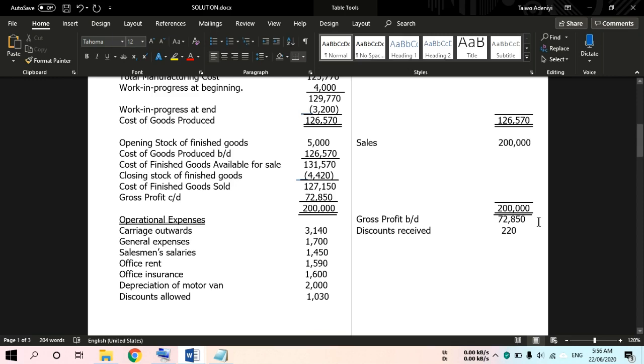So let's get the total here. Total income, 72,850 plus 220. That will give us 73,070 naira.